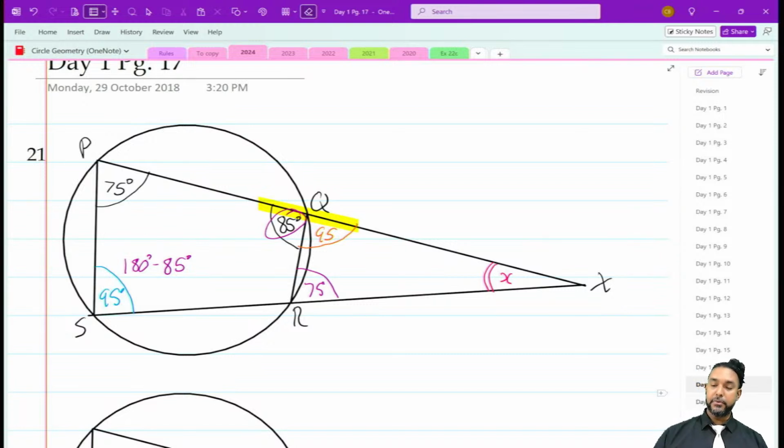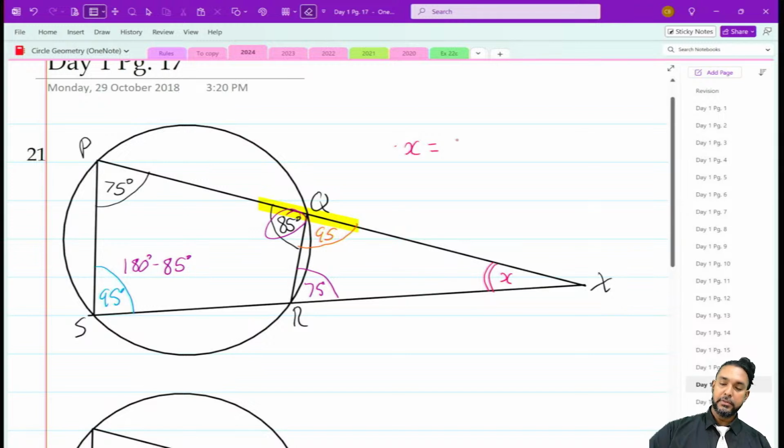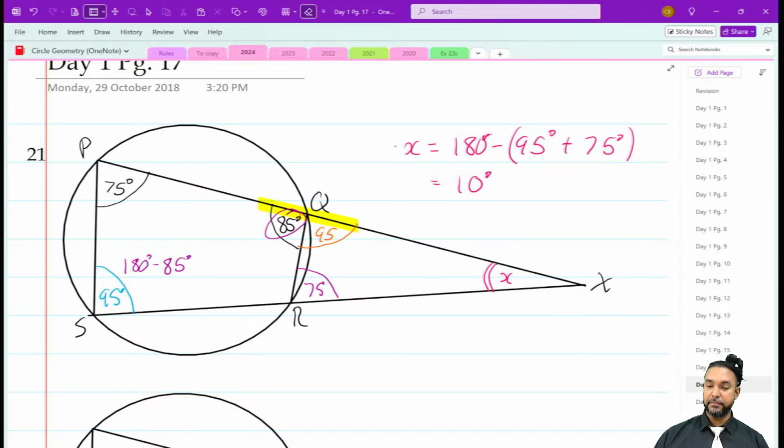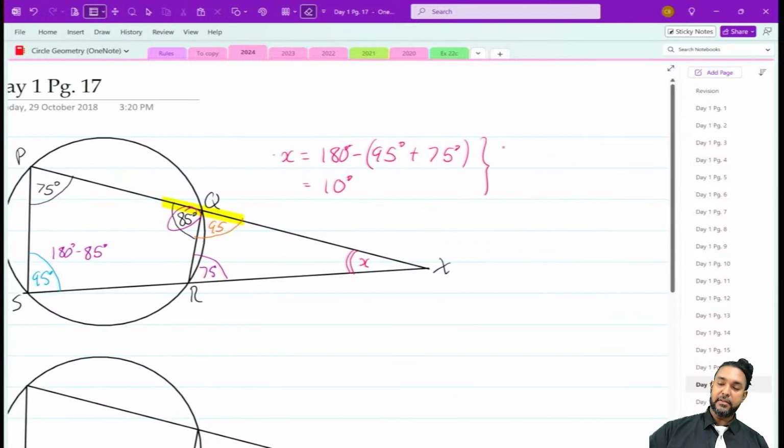And then you have two out of the three angles, so angle x is equal to 180 degrees minus 95 plus 75, which itself is 170. 180 minus 170 is 10 degrees. And the reason for this is that angles in a triangle sum to 180.